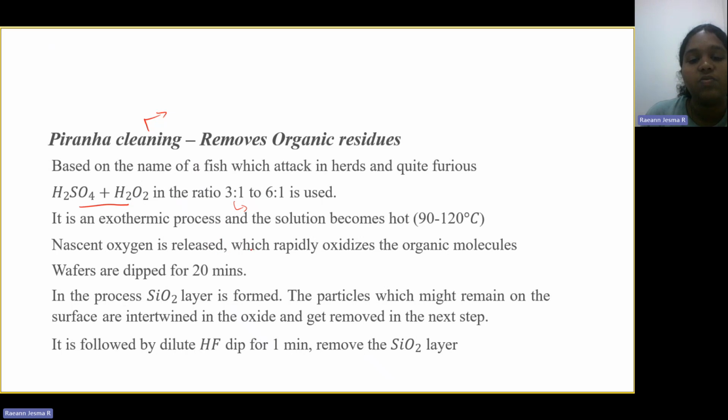This will oxidize the organic molecules. The wafer can be dipped in this solution. Since nascent oxygen is released, a thin layer of native oxide is formed on the surface of the wafer. So after piranha cleaning, we generally go for an HF dip in order to remove the SiO2 layer.